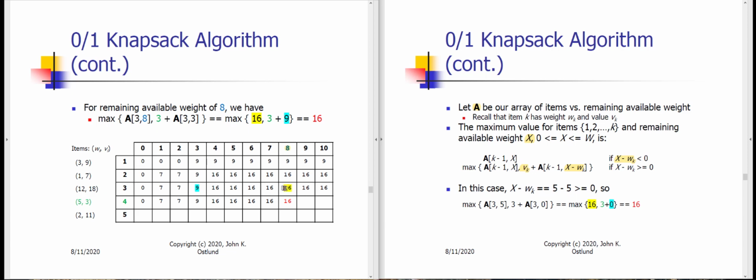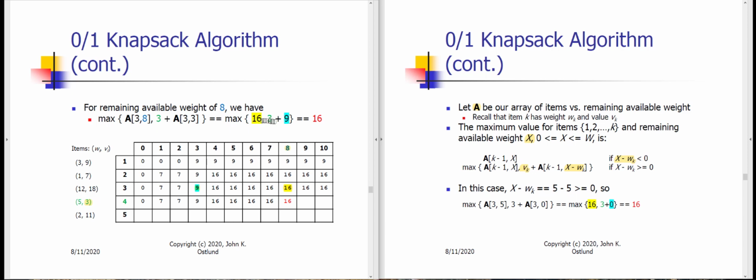So we're going to compute the maximum of either the 16 that we can get by just considering items 1, 2, and or 3, or we're going to compute the value of item 4, which is 3, plus the value that we can get with the remaining 3 units of available weight from items 1, 2, and or 3. So now we've got 3 plus 9, which is 12.